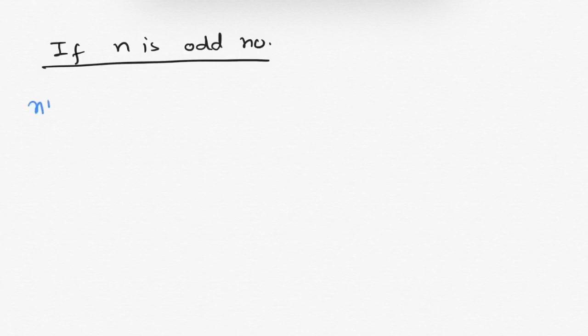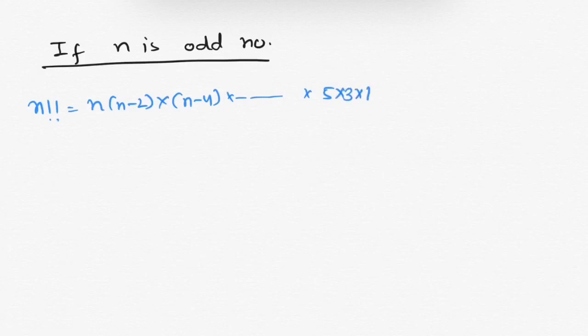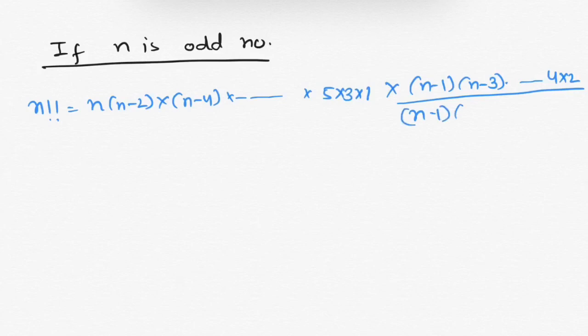If n is an odd number, then n double factorial equals n into n minus 2 into n minus 4 and so on, 5 into 3 into 1. What I am going to do here is multiply this equation with n minus 1 into n minus 3 and so on, 4 into 2, and divide this equation with the same term, n minus 1 into n minus 3 into 4 into 2.